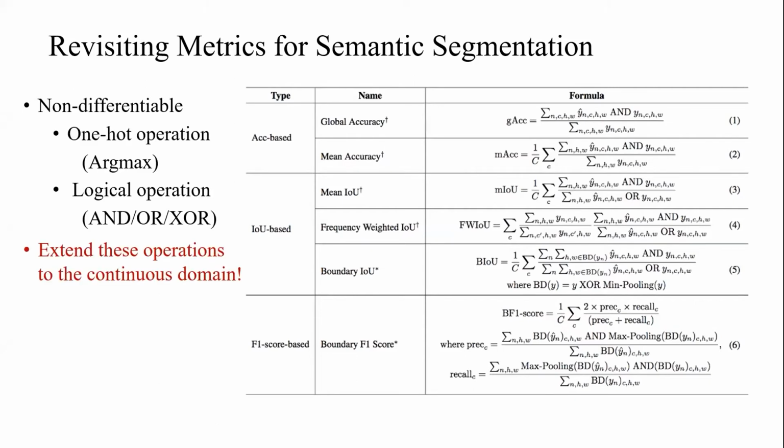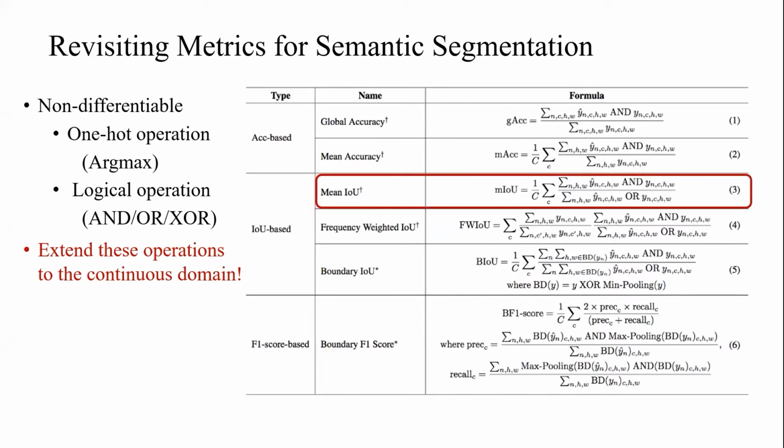However, by analyzing these evaluation metrics, we find that all of them only include two specific types of non-differentiable operators: the OneHot operation and the logical operation. Therefore, if we can extend these operations to the continuous domain to make them differentiable, we can get the surrogate loss function that can be utilized for training.